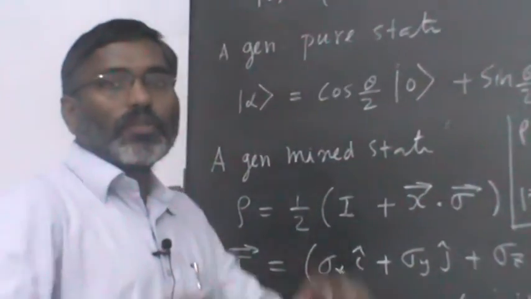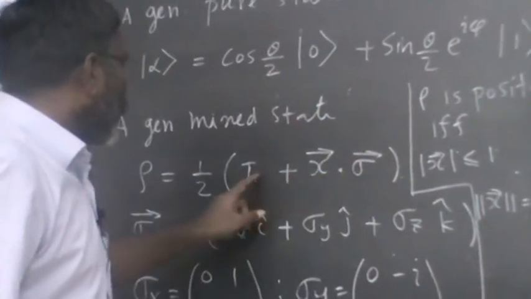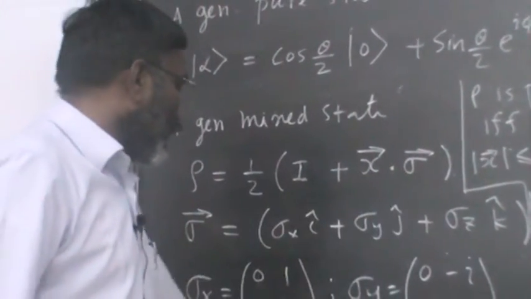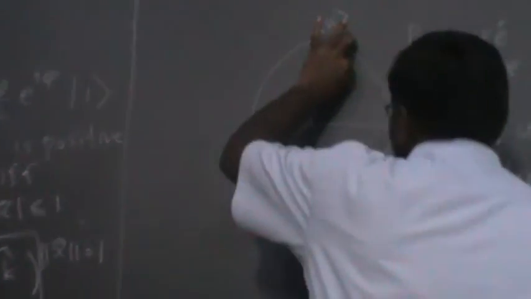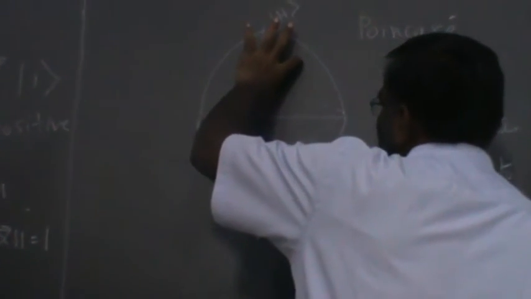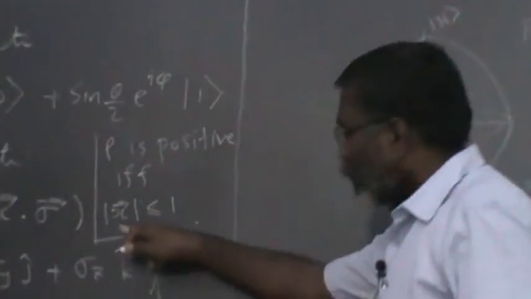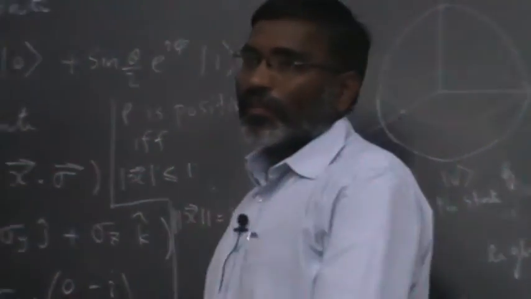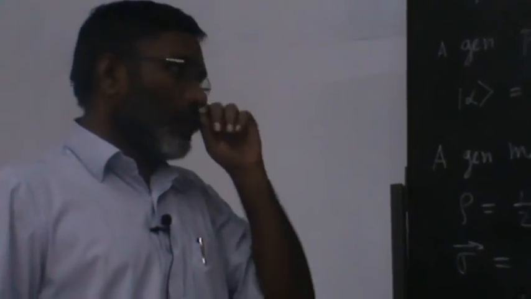That means all pure states will be on the surface. So you can write x1, x2, x3 as the coordinates of the point on the surface of the sphere. If x1 squared plus x2 squared plus x3 squared is equal to 1, you will be on the surface, and you will have all pure states. If it is less than 1, you will have mixed states. That is the reason why I said that within the Poincare sphere the states are partially polarized.